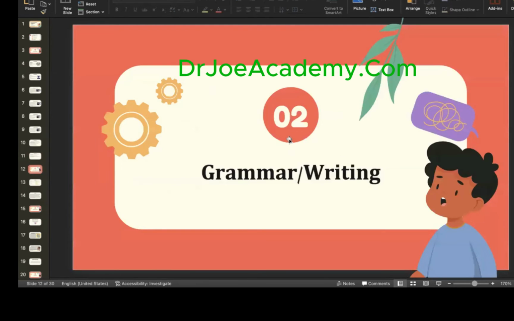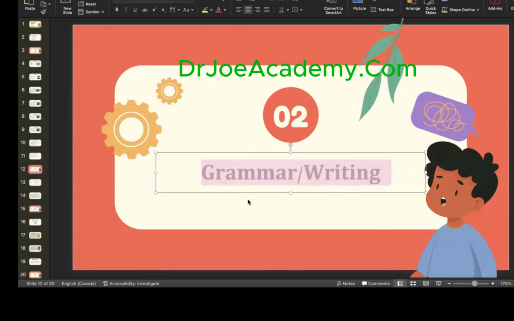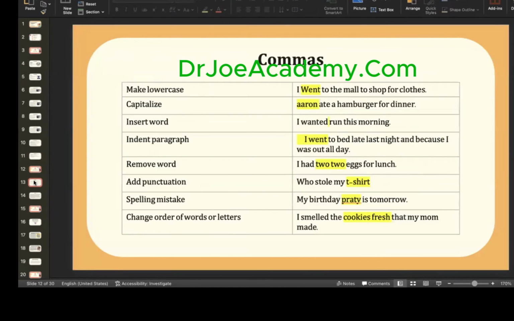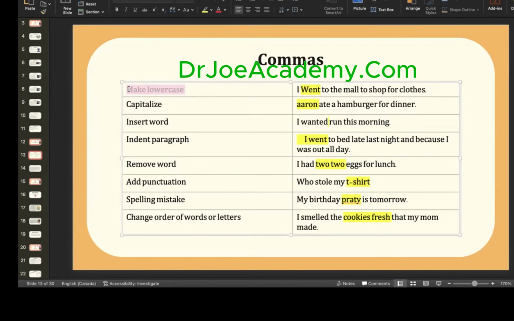So let's move on to exercise 2. We have grammar and writing. With grammar, we're going to look at different types of grammar rules, and we're going to edit our sentences to see what is wrong and how we can make it correct. So my first example, certain words we have to make lowercase.